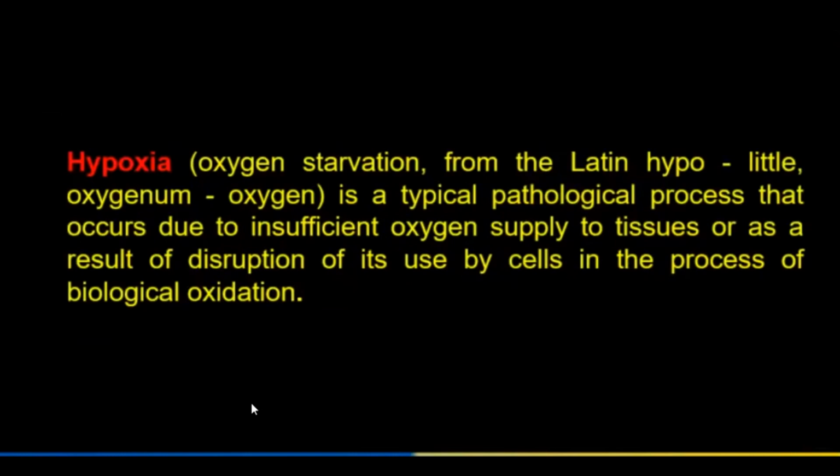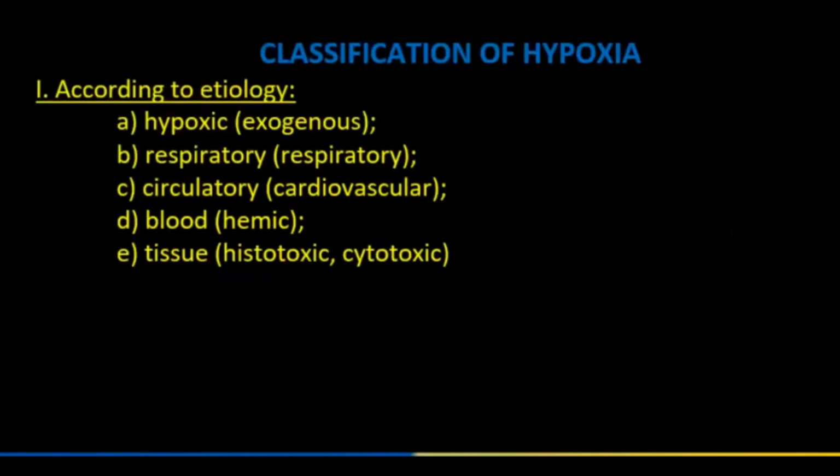Hypoxia is a typical pathological process that occurs due to insufficient oxygen supply to tissue or as a result of disruption of its use by cells in the process of biological oxidation.